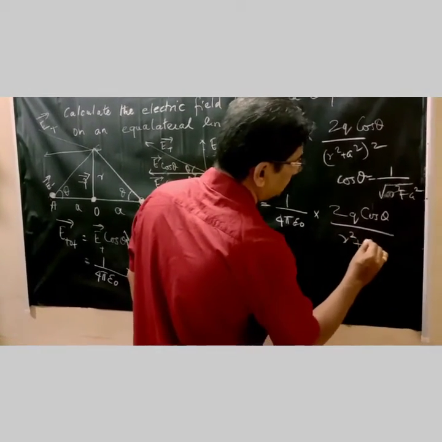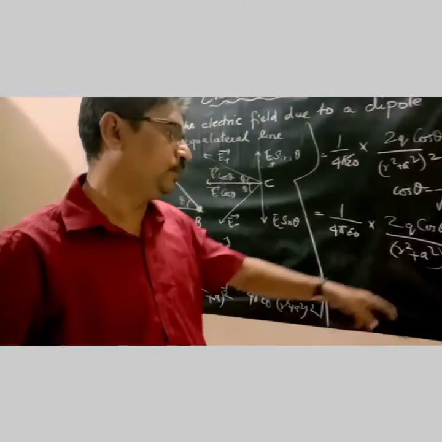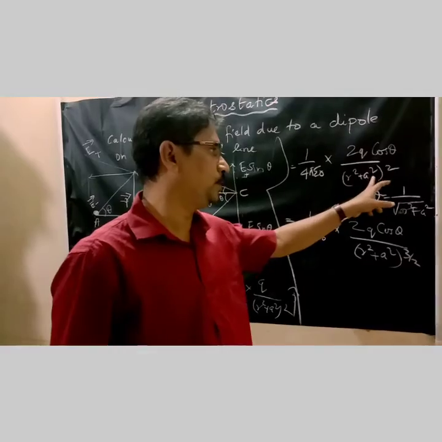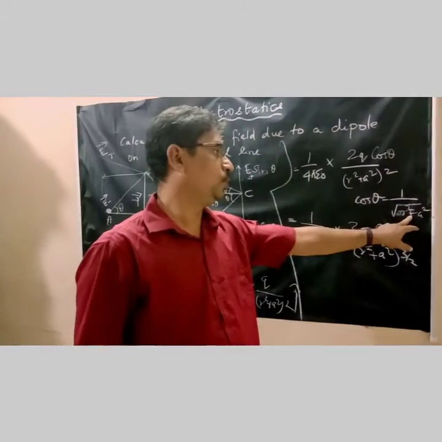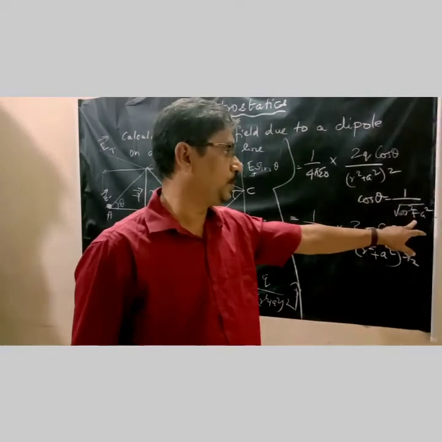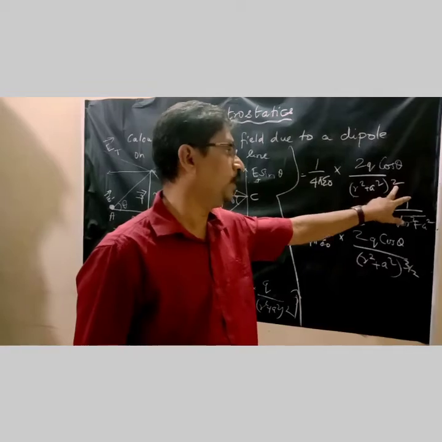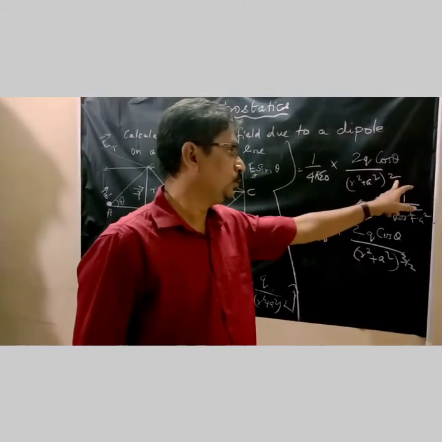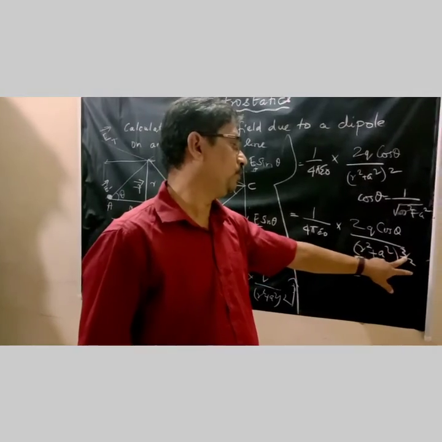Now the value gets simplified as 3 by 2. The 3 by 2 here is coming because here we have R square plus A square the whole square, and root of R square plus A square. Root of R square plus A square is R square plus A square to the power of 1 by 2, and here R square plus A square to the power of 2. So when we add these two, 2 plus 1 by 2, it comes to 3 by 2. So R square plus A square to the power of 3 by 2.